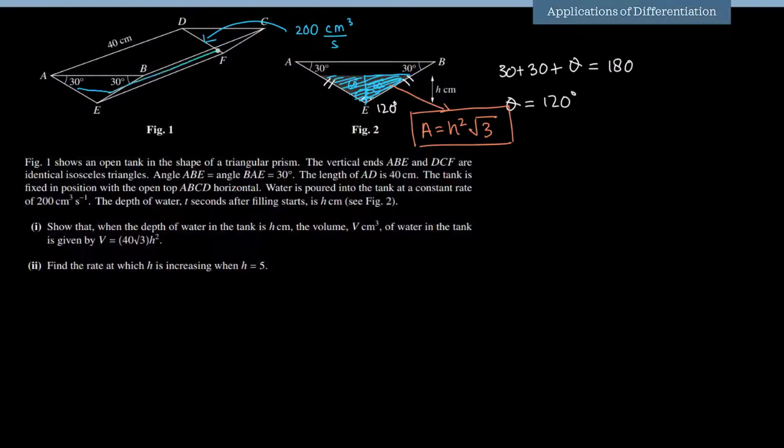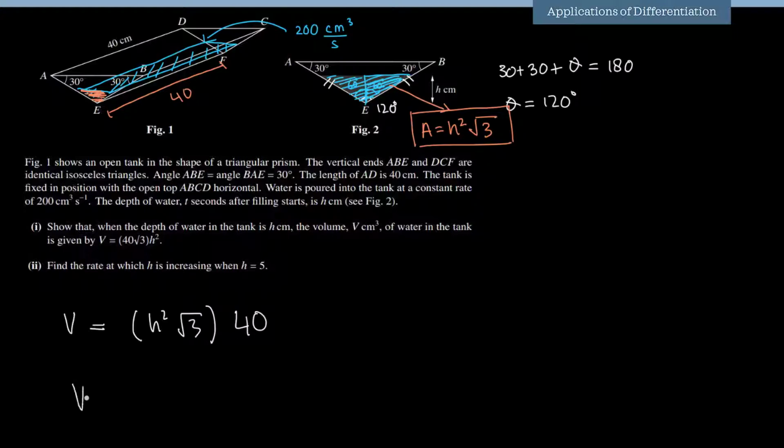In order to find the volume of this water, I will multiply this area that we found by the length of EF, and that would give me the volume of this water. The length EF would be equal to the length AD, so this would be 40. So the total volume of this water would be equal to h square root 3, the area of this cross section of water, times the length, which is 40.